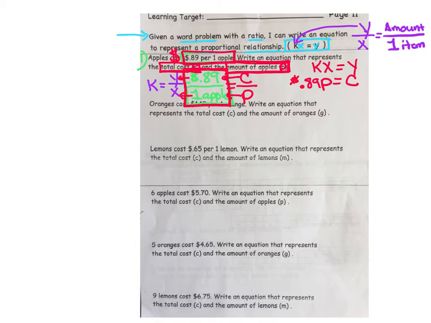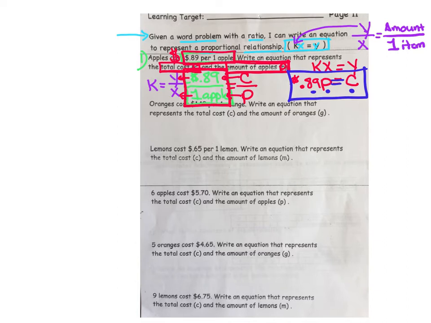It's given to us in the problem. So this reads 89 cents times each apple P equals C, the total cost. And that's the correct equation for number 1.